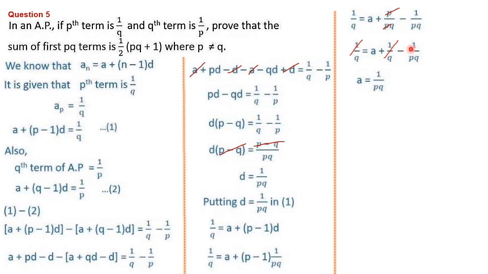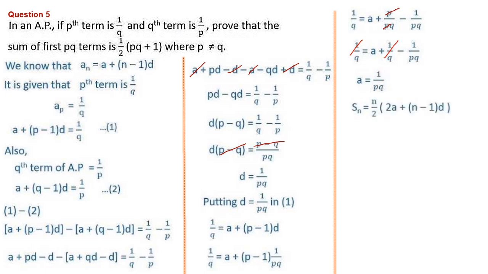This minus 1 by pq, when you bring it to the left side, it comes as plus 1 by pq, that is equal to a. That is the calculation, a is equal to 1 by pq.